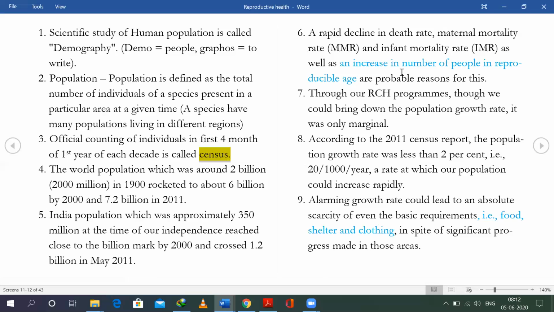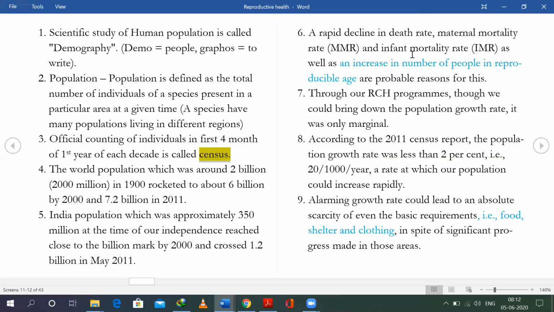These people are at the marriageable age, so their fertility rates are higher and they can produce more children. And because of the better institutional care that has come about nowadays, there is a rapid decline in the death rate in the form of maternal mortality as well as infant mortality.